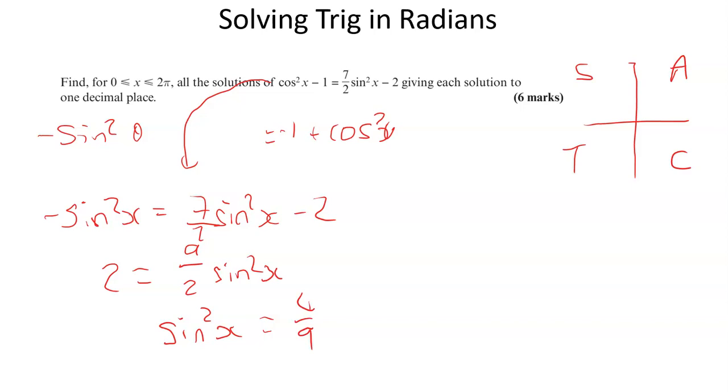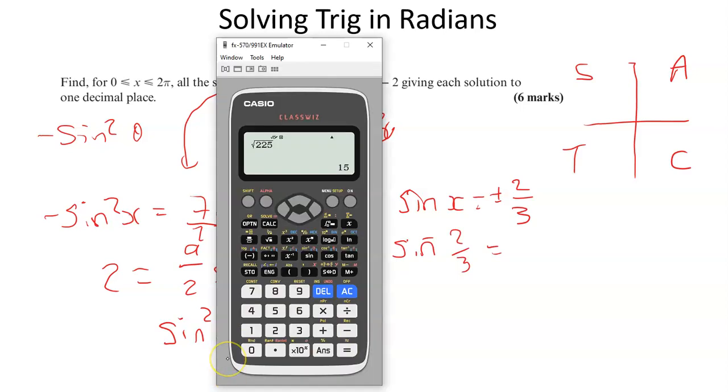We can then square root that and get that sine x is plus or minus 2/3. So we're going to end up with potentially 4 answers here. And then we can just do the inverse sine. So we need to do inverse sine of 2/3 and see what that gives us.